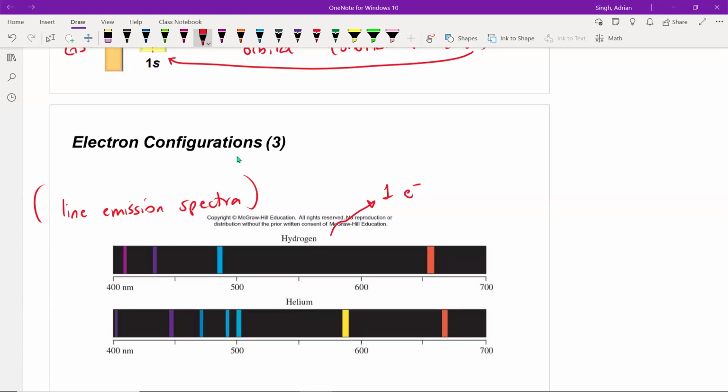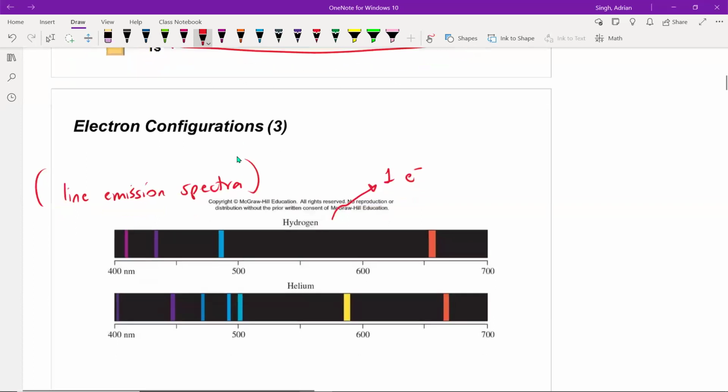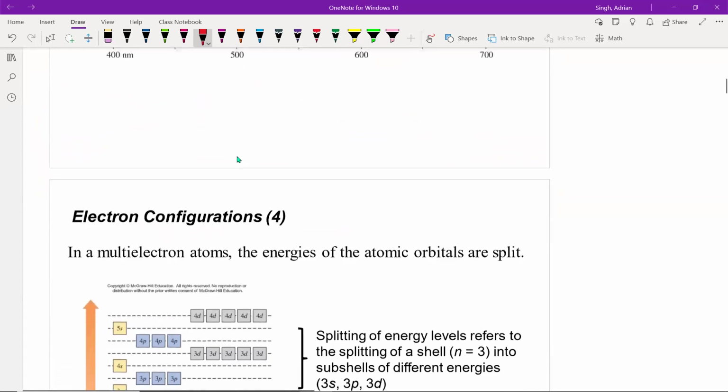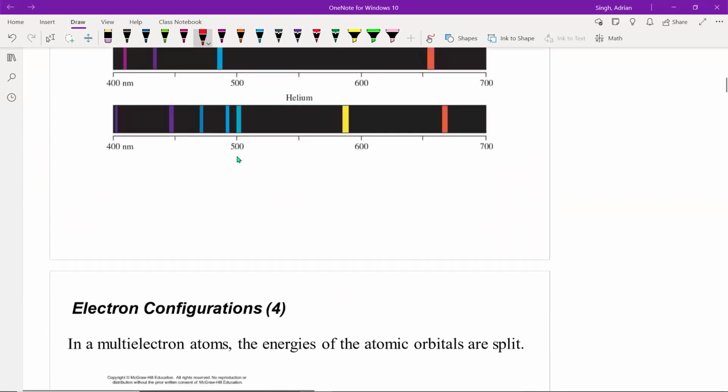So once you start introducing more electrons, guess what happens? Electrons have a negative charge. And if you have negative charges close to each other, they will tend to repel each other. And when that happens, it leads to something called splitting of the atomic orbitals.